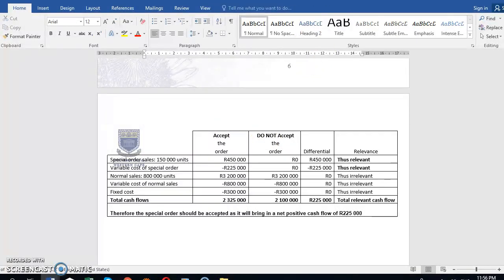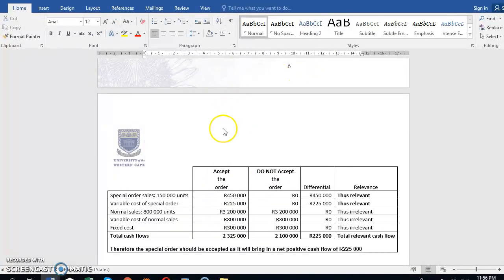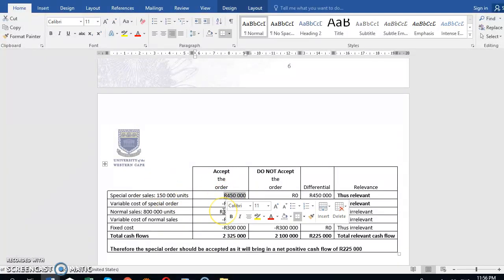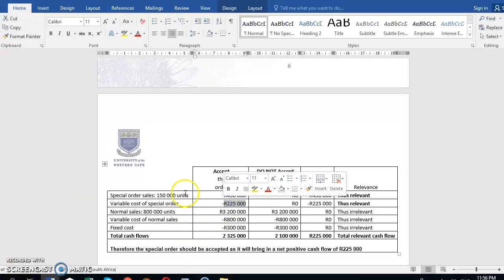Okay, so if we accept the order, for the special order sales, we're going to get 450,000 inflow. They're going to give us that money. However, if we do not accept that order, nothing will come in from the special order.